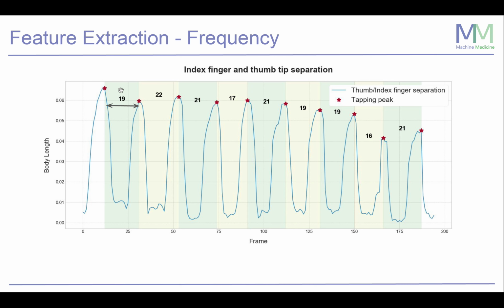So what we're able to do here is, first of all, identify all of the individual taps, and having identified the time point at which each tap takes place, we can then measure the interval between taps, and that starts to give us a handle on things such as the frequency, which is what's being extracted here, because each of these intervals says something about the, as it were, instantaneous frequency.